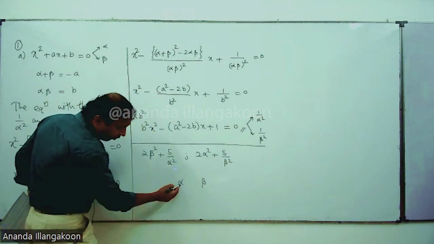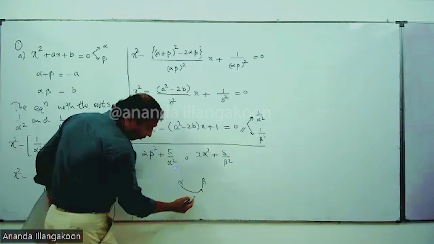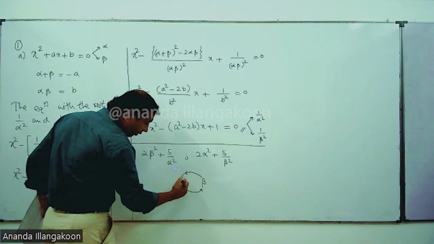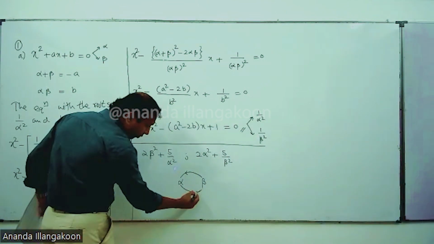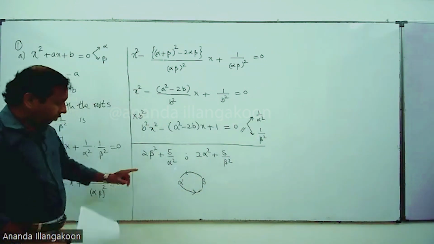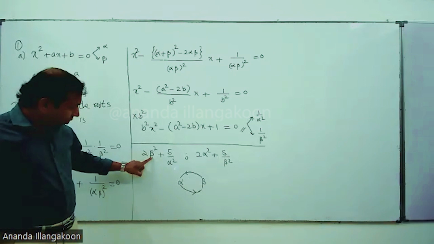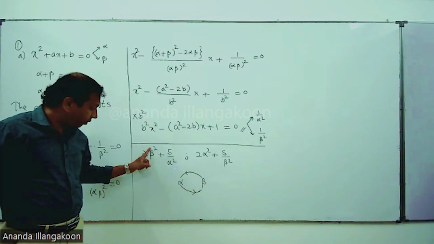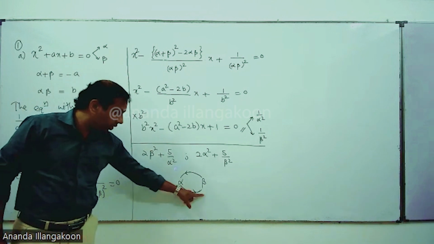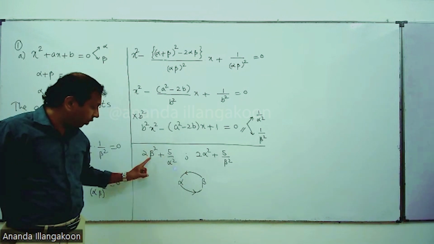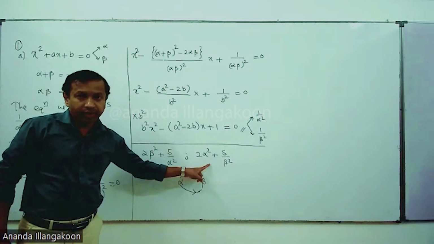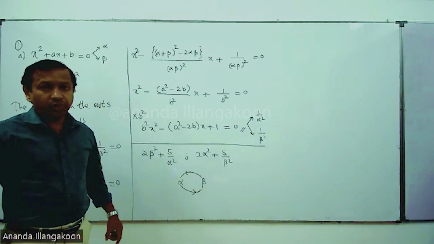For the case of alpha, when you put beta, and for the case of beta, when you put alpha, selecting one root out of these two. Say we take this beta and replace it by alpha, so 2 alpha squared. This alpha we replace by beta, so this is beta squared. Then we get 2 alpha squared plus 5 upon beta squared. That is why we say these two roots are symmetric.